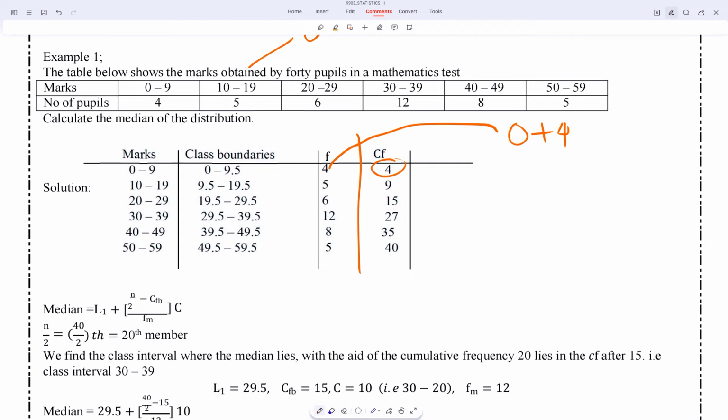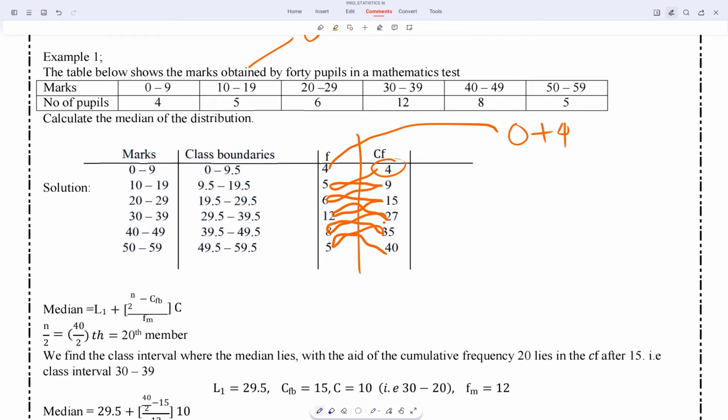All right, now 4 plus 5, that's what gives us 9. Are you seeing that? 9 plus 6, that's what gives us 15. 15 plus 12, that's what gives us 27. 27 plus 8, 35. 35 plus 5, 40. Do you understand that now? That's how to get that.